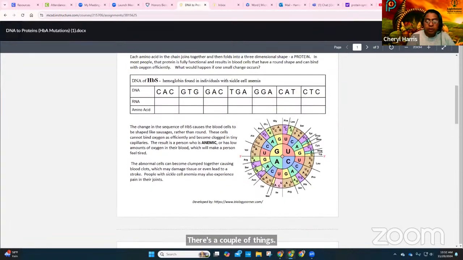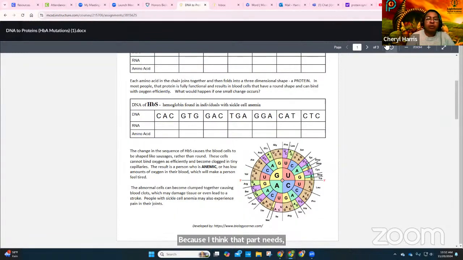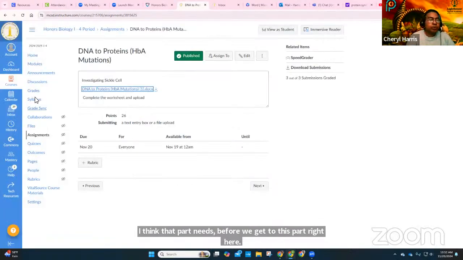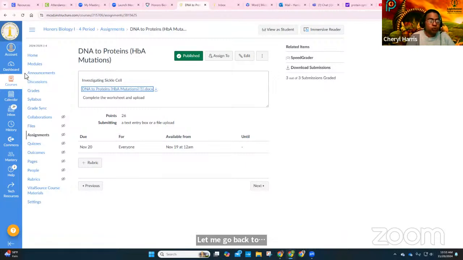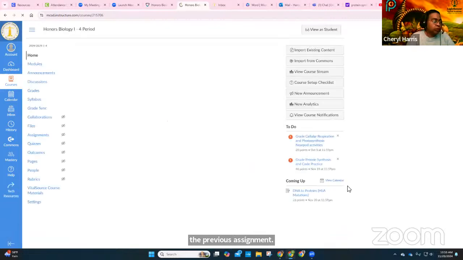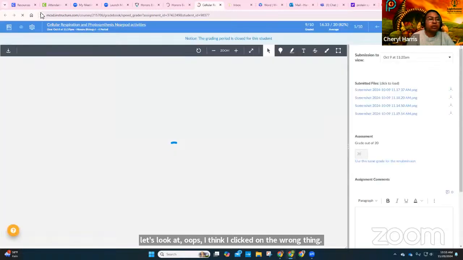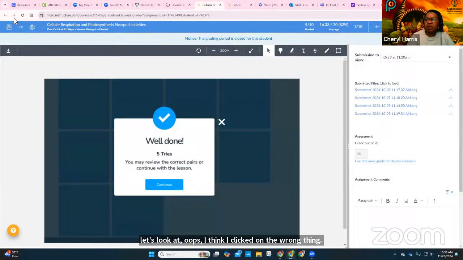Let's go back to looking at the first assignment, because I think that part needs to be covered before we get to this part right here. Let me go back to the previous assignment. So I'm going to go to the home page, and let's look at, oops, I think I clicked on the wrong thing. Nope, that's not what I wanted to do. I don't even know what that is.